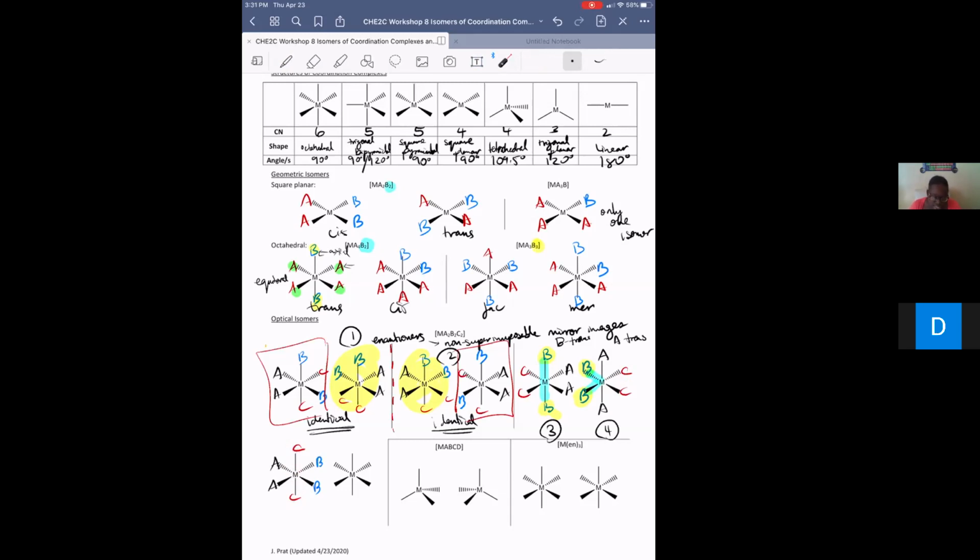So now we can say that we have one pair of trans ligands. But what if we decided to have two pairs of trans ligands, right? What if we make all of our ligands trans?